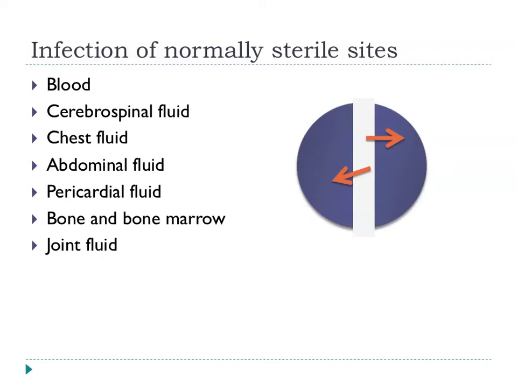And these are the normally sterile sites where we would see infection under these circumstances. So blood is normally sterile, cerebrospinal fluid should normally be sterile, fluid in your chest, abdominal fluids, pericardial fluids, bone marrow, joints should be sterile. And when these get infected, that's a big problem.